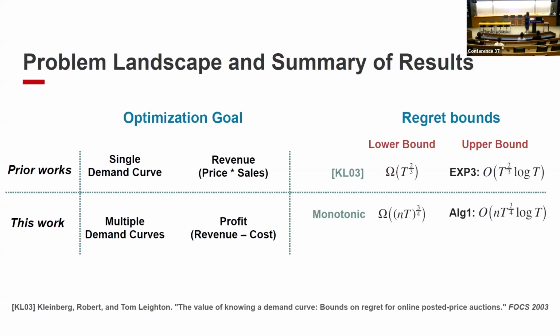In our case, for the monotonic case, we have near-tight upper and lower bounds, which depend on N and T, and it is N times T to the 3/4. And in the cost concave case, interestingly, we also have T to the 2/3, which is the same as the climate bulletin paper. So we can solve this problem without causing more inefficiency.